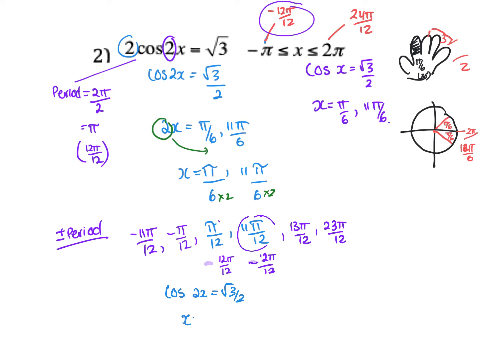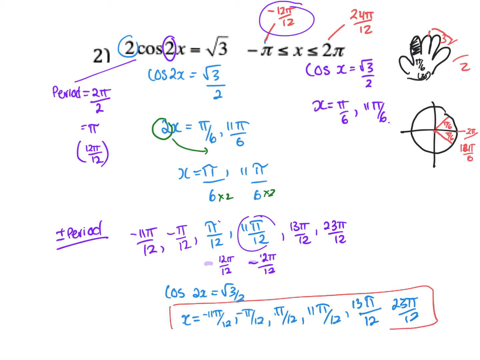When x equals, I'll write all of them out, minus 11 pi on 12, minus pi on 12, pi on 12, 11 pi on 12, 13 pi on 12 and 23 pi on 12. So I'm just putting a final answer, writing it out like that.